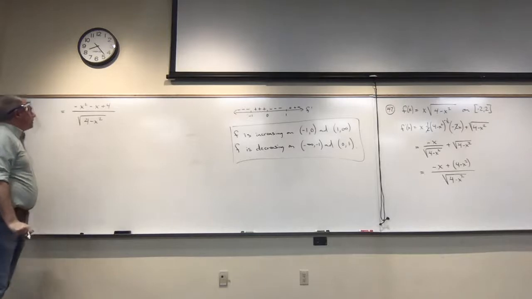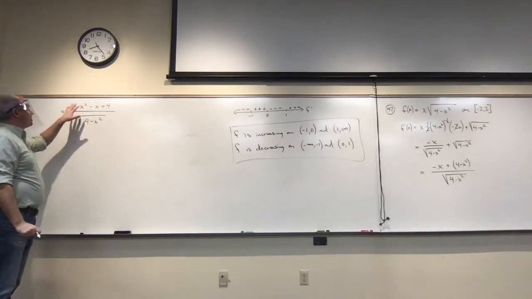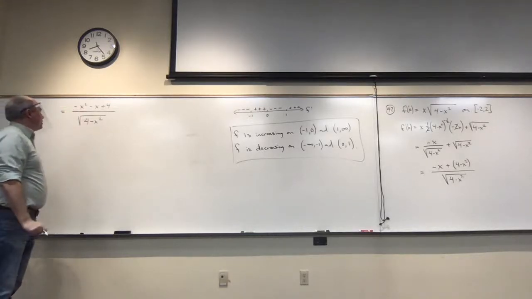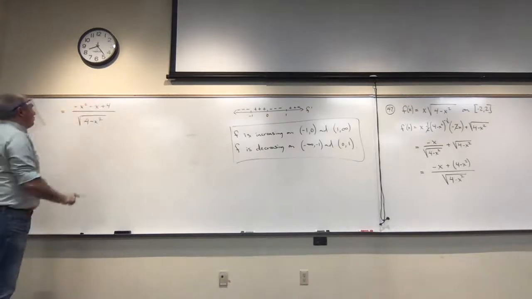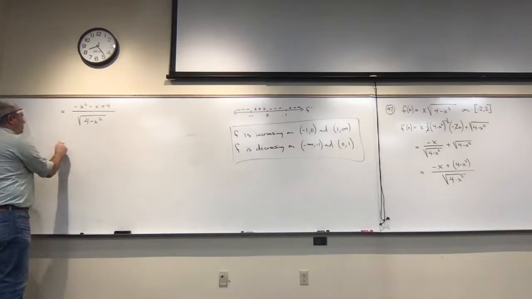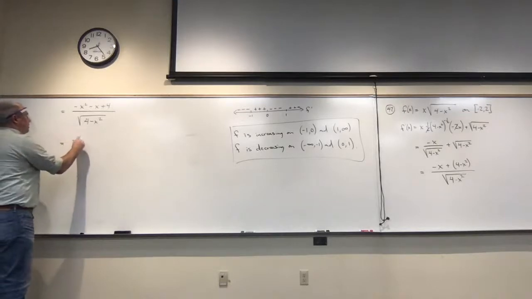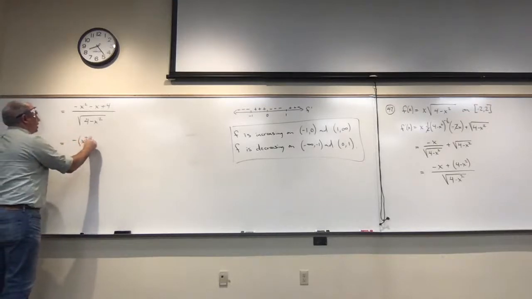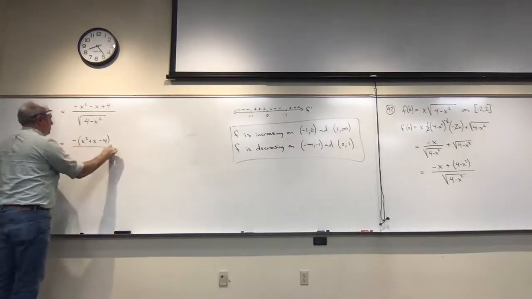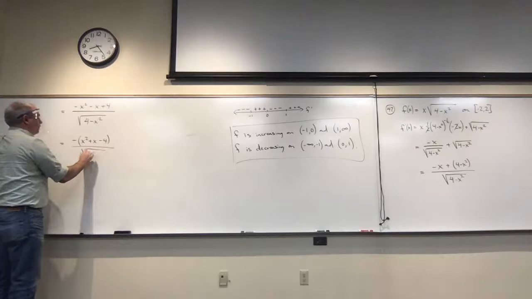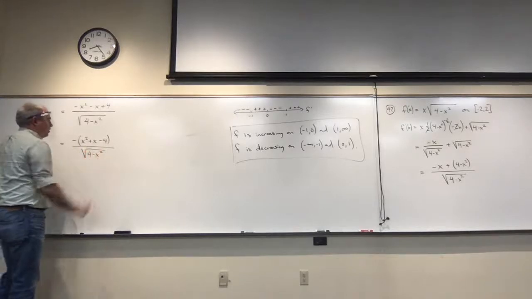Okay. So the question is, what makes the top 0 and what makes the bottom 0? First thing I can see is on top, I could factor out a negative 1 if I wanted to. Let's do it really quick. So this is minus x squared plus x minus 4 over square root of 4 minus x squared.